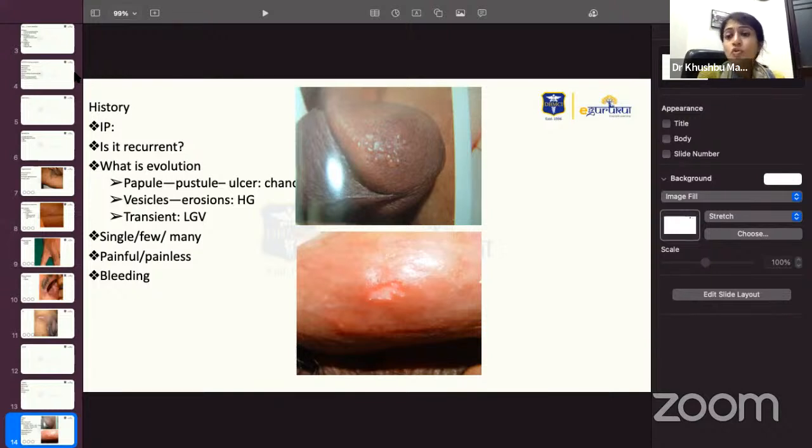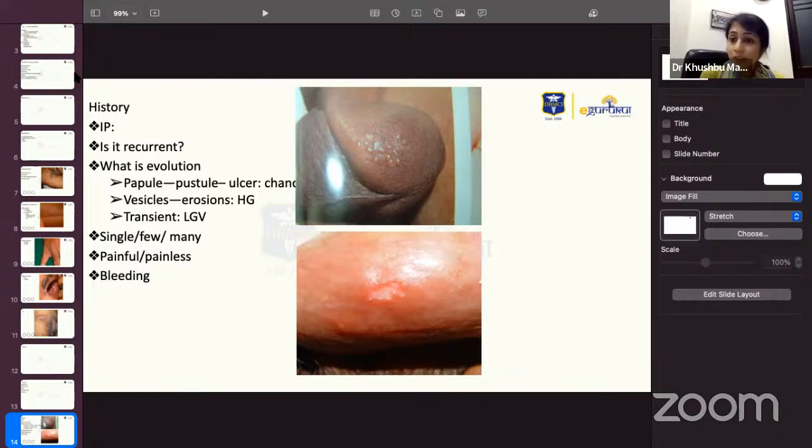Donovanosis is also usually not very painful, but it's very uncomfortable. It's a beefy, exuberant granulation tissue that the patient is carrying. So it's uncomfortable, but painless is syphilis. Painful, think of chancroid and herpes. When they want to ask you about donovanosis, painless or painful would not really help in the question. They'll be giving you more about it.